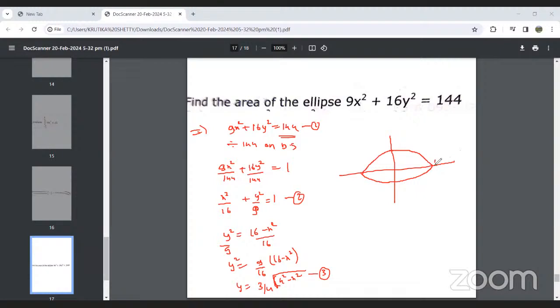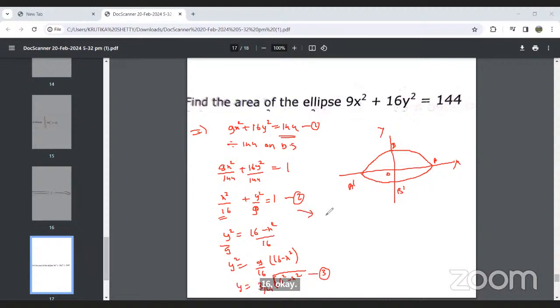Same vertex at the origin, B, B dash and A dash, y-axis and x-axis. So here is the origin, and it is in the standard form.